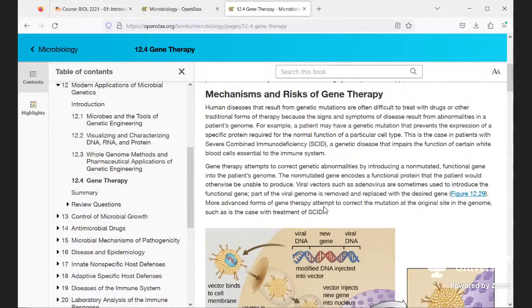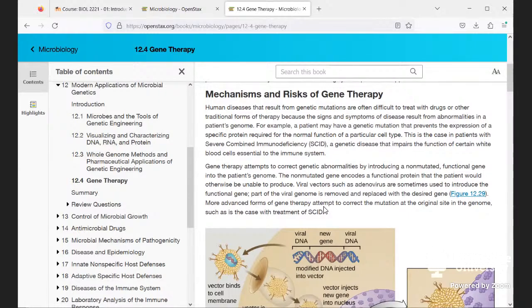In the case of SCID, you basically don't really have an immune response at all, and it sets the stage truly for you to not be here. Children born with this didn't make it very long. They get sick and die because anything and everything would make them ill, all right?